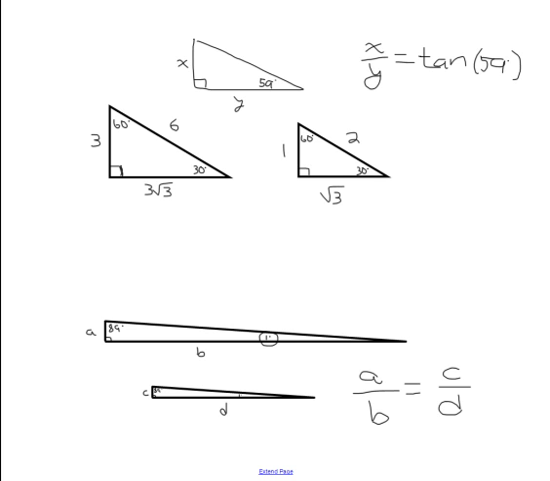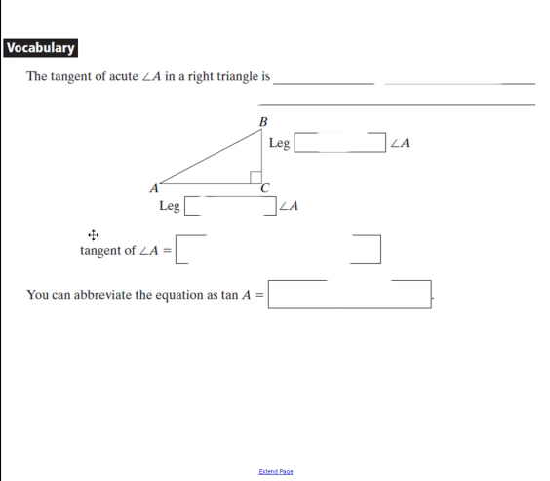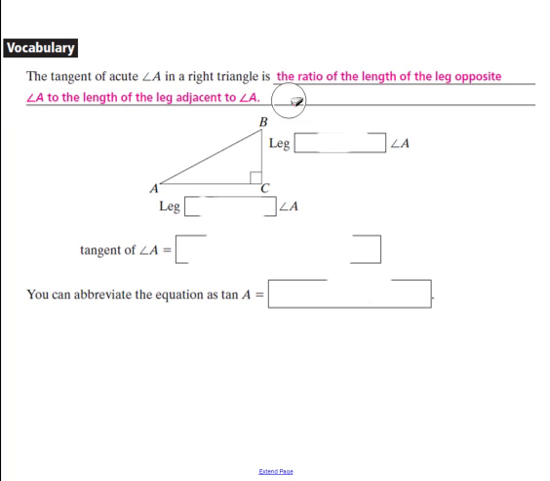Alright, so moving into the actual lesson. Now that we understand what the tangent is, the tangent is really just the ratio between the opposite side and the adjacent side of a right triangle of a specific degree. So, tangent of the acute angle is the ratio of the leg opposite to the adjacent. So if we're looking at angle A, then this side here is going to be adjacent.